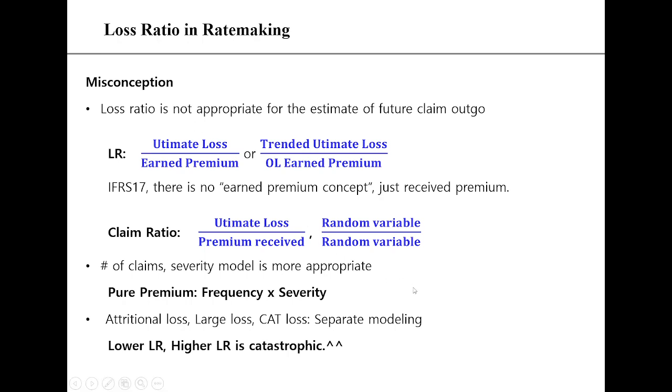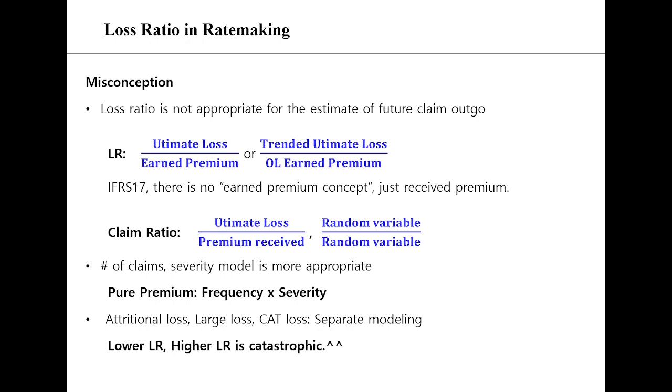That was developed almost 30 years ago to individually simulate large losses. So that's probably one of the most sophisticated actuarial models to predict future large losses. CAT is a separate thing, right?